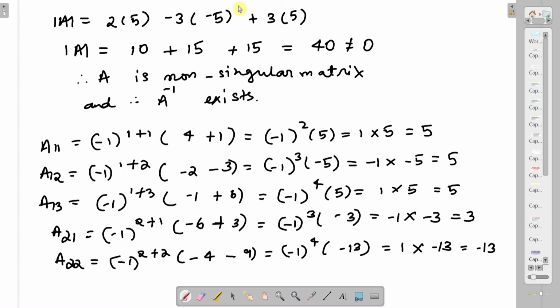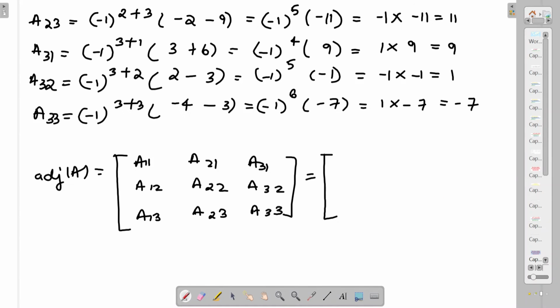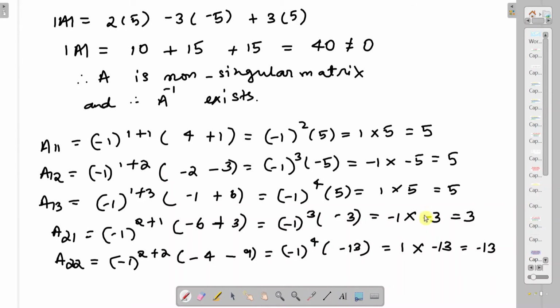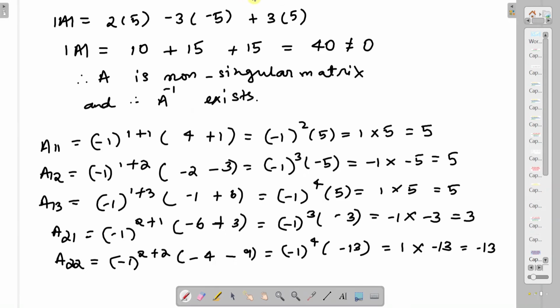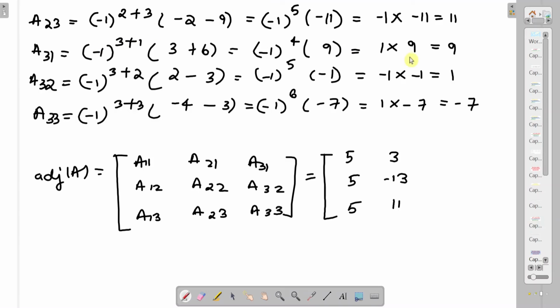A11 is 5, A12 is 5, A13 is 5, so 5, 5, 5. Then A21 is 3, A22 is minus 13, and A23 is 11. So 3, minus 13 and 11, right? Then A31 is 9, A32 is 1 and minus 7. So this is adjoint of A.